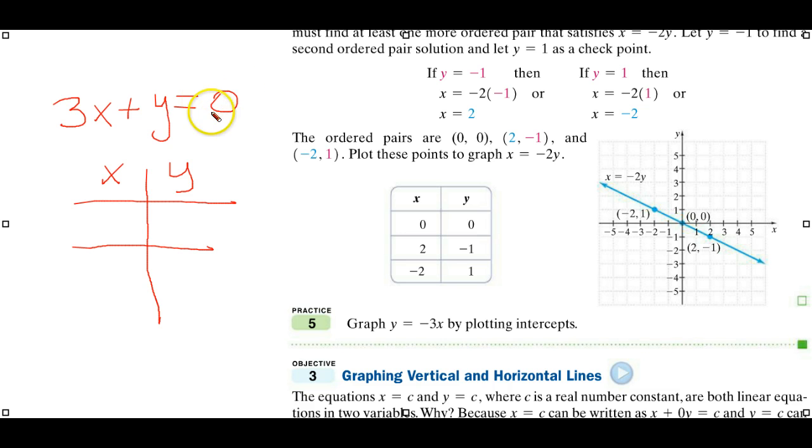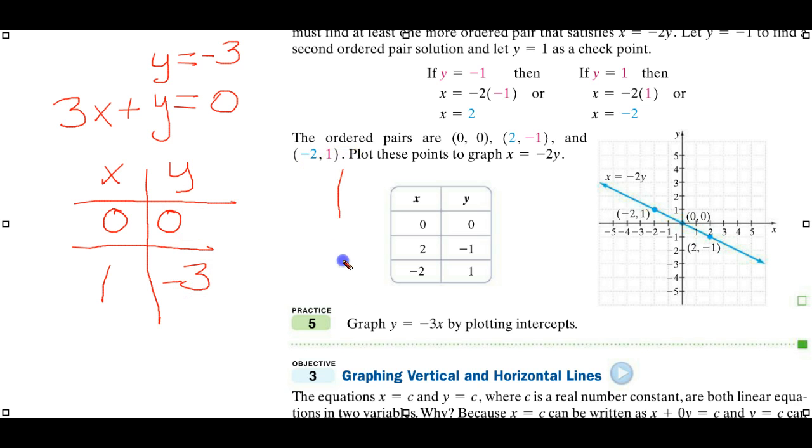So when this is a 0 over here now, then it's going to go through the origin. So we need one other point. And we can use, let's say, a 1 here. So if x is 1, 3 times 1 is 3, and I'm just going to bring that 3 over to the other side and it becomes a negative 3.